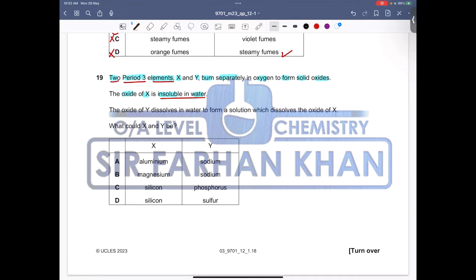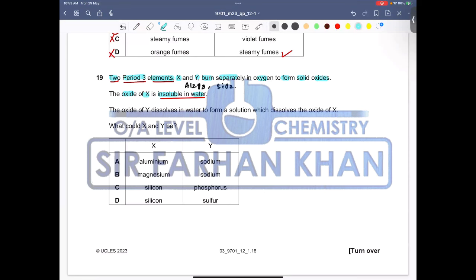The first one is aluminum oxide, and the second one is silicon dioxide. Both of them are insoluble in water. So X can be aluminum, X can be silicon. We need to sort out which is the correct one.